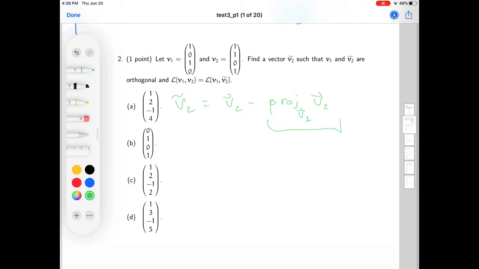The projection of v2 onto v1 is kind of like the part of v2 that is parallel to v1. And so we're going to take that off of v2, and then all we're going to be left with is the part of v2 that is orthogonal to v1.